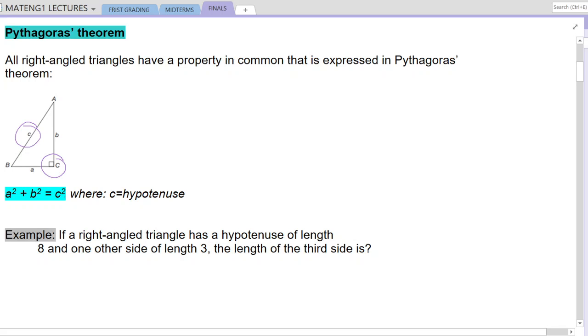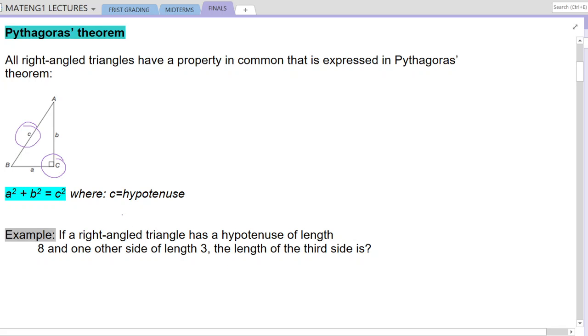Okay, so the square of the hypotenuse is equal to the sum of the squares of the two legs of the triangle. For example, if a right angle triangle has a hypotenuse of length 8 units and one other side of length 3 units, the length of the third side is the requirement.